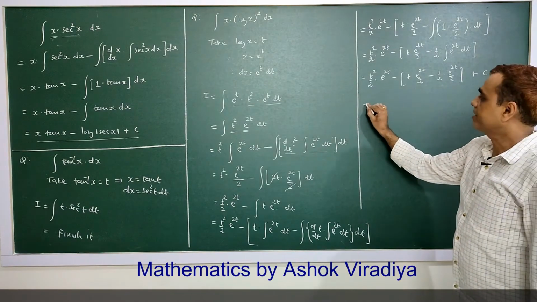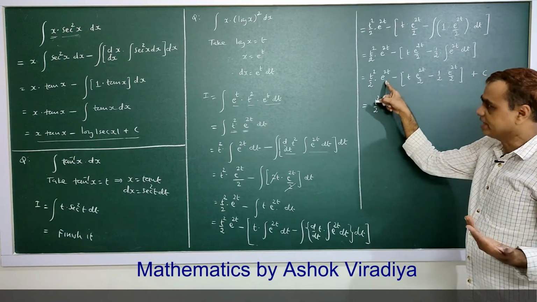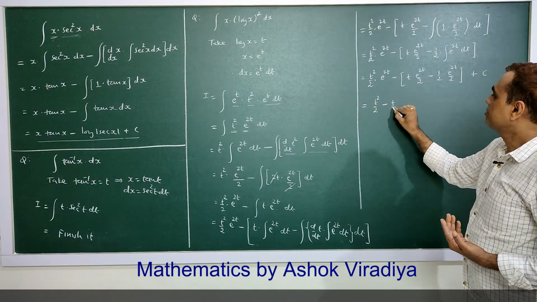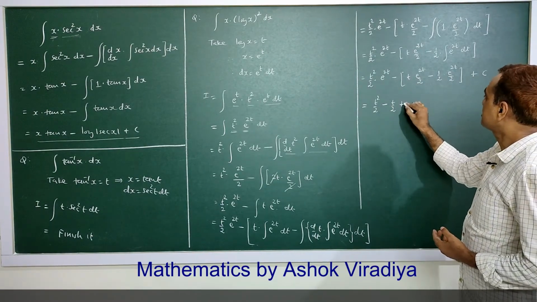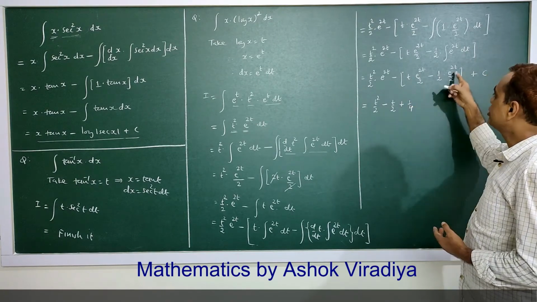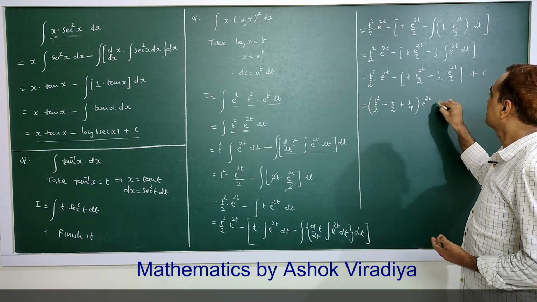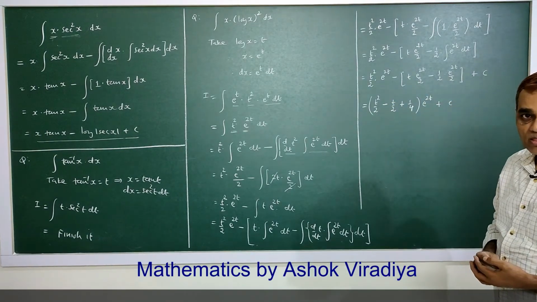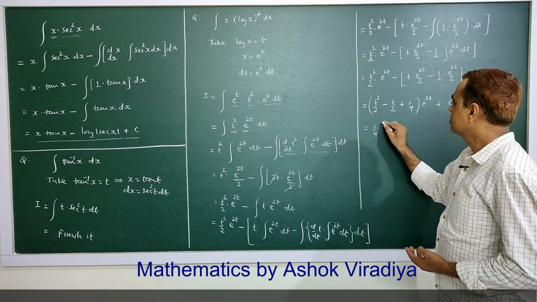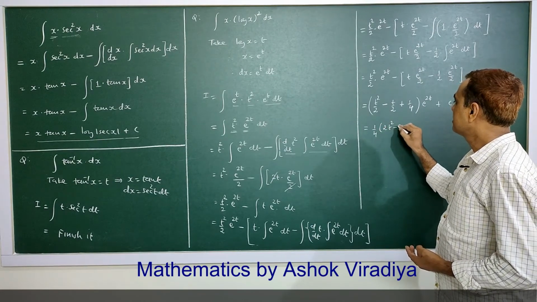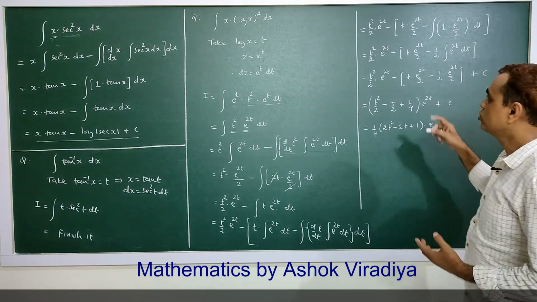Now opening this bracket: t square by 2 into e raised to 2t minus t by 2 into e raised to 2t, minus minus plus 1 by 4 into e raised to 2t, e raised to 2t common, plus c. Taking here LCM, LCM is 4. So this will be 2t square minus 2t plus 1 into e raised to 2t.